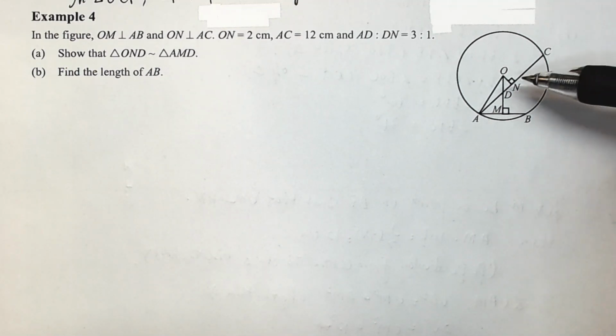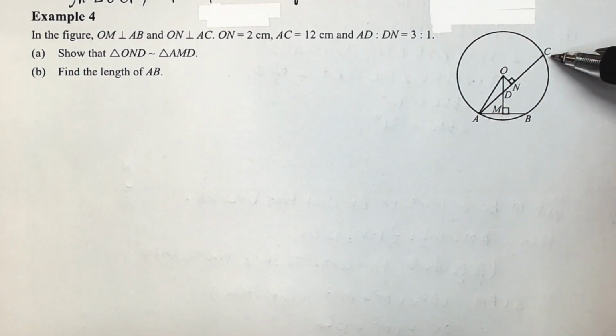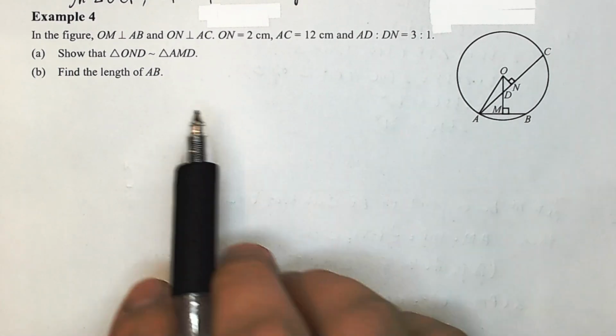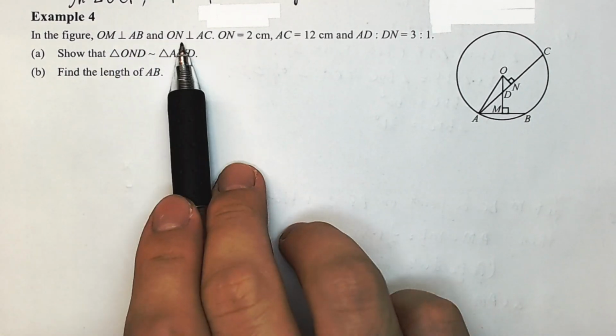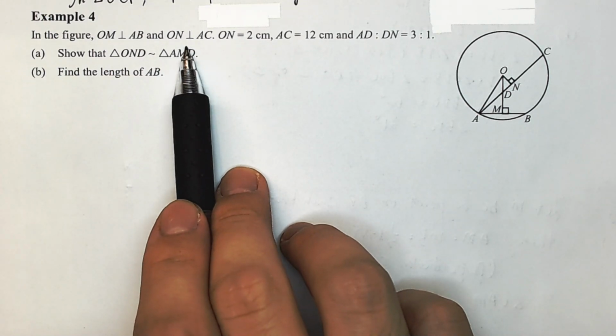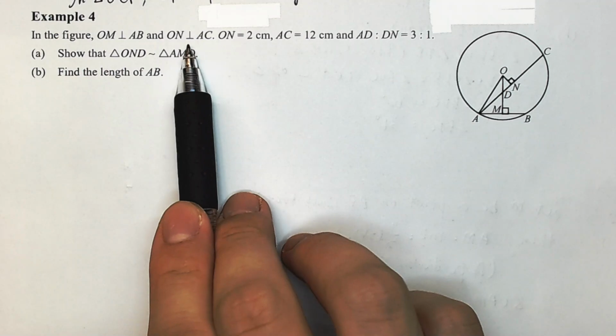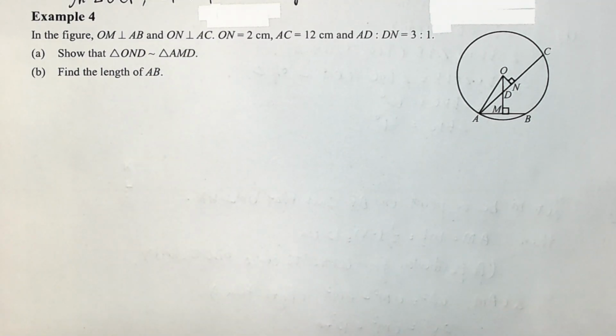First of all, we know that ON is perpendicular to AC, although in the figure the right angle is drawn as angle ONC. But then look at the question here. The content said that ON is perpendicular to AC only, so we can write whichever side we want.